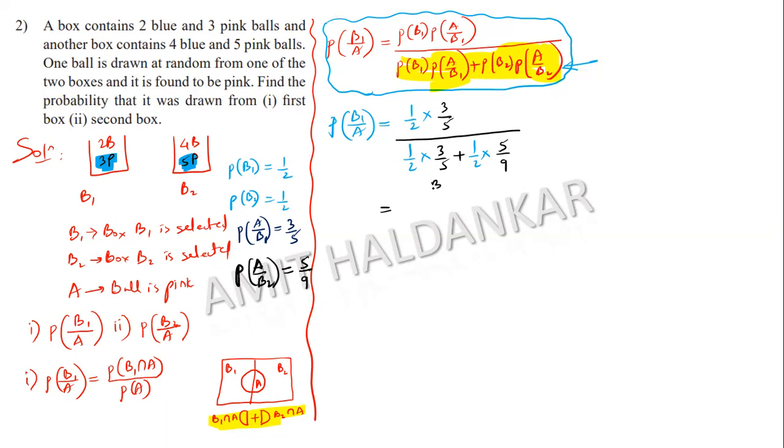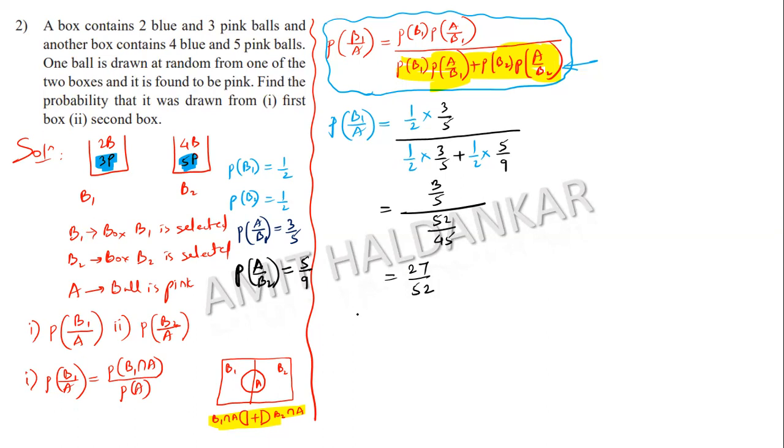Then 3 by 5 upon 9 3s are 27 plus 25, 27 plus 25 is 52, and 9 5s are 45. So 9 3s are 27 upon 52.